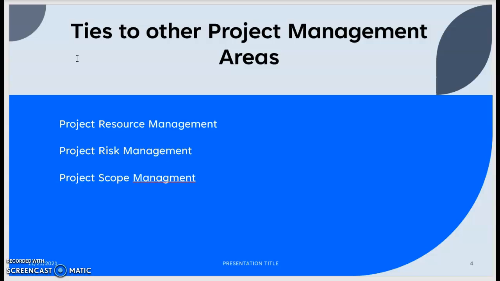For resource management as well, once you identify your stakeholders, you'll get a clue how many resources you will need. For example, if a stakeholder says you're going to need somebody else, you count that into project resource management, because then you'll have an extra hand, if you will.